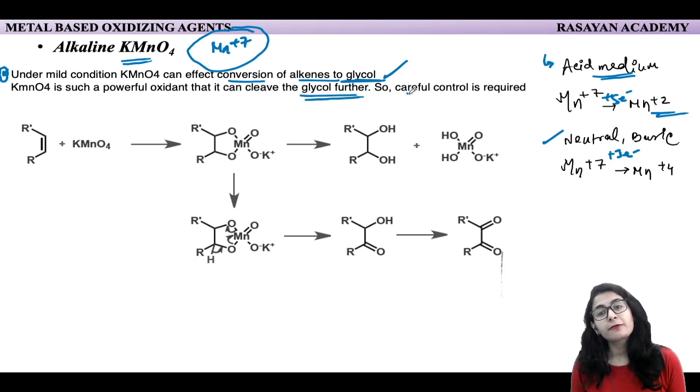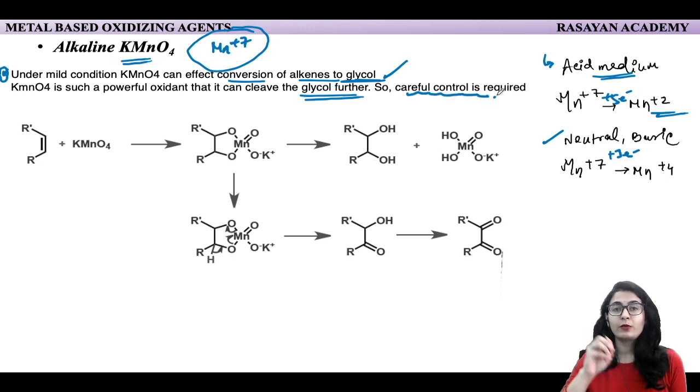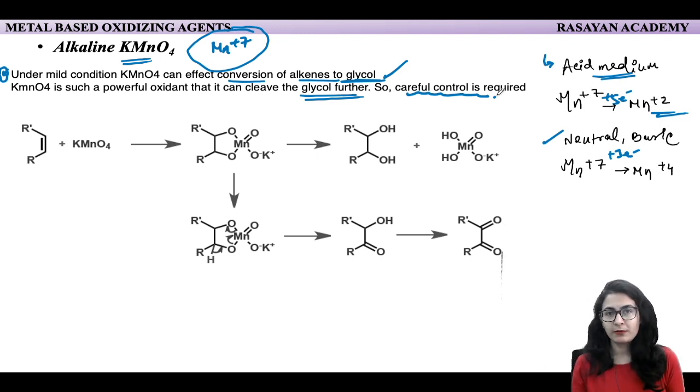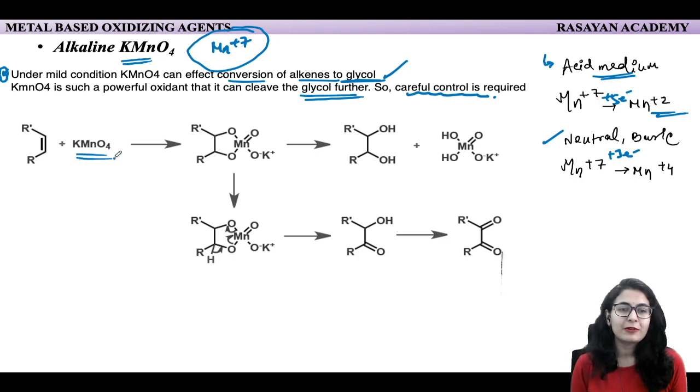Okay, so careful control is required when we want to do only the dihydroxylation. तो dihydroxylation के लिए सिर्फ KMnO4 नहीं है, there are other reagents like osmium tetraoxide which we will discuss later on while we are discussing dihydroxylation. Right, so first one we discuss KMnO4.